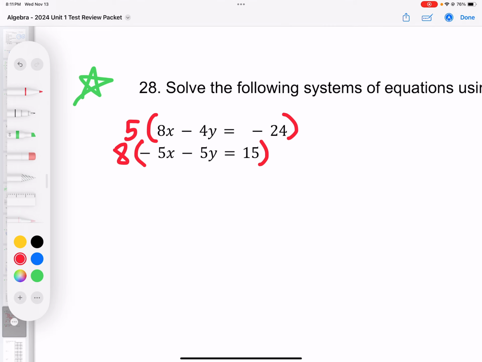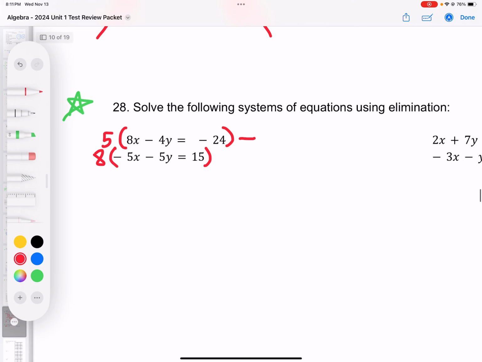And I don't have to negate either of them because as they stand right now, these having opposite signs will already result in eliminatable resulting equations. So we'd have 40x, negative 20y, and negative 120.